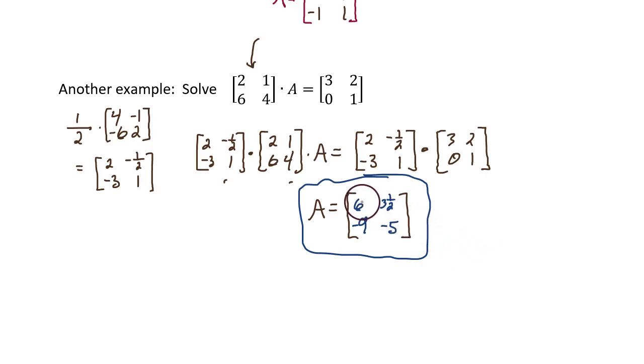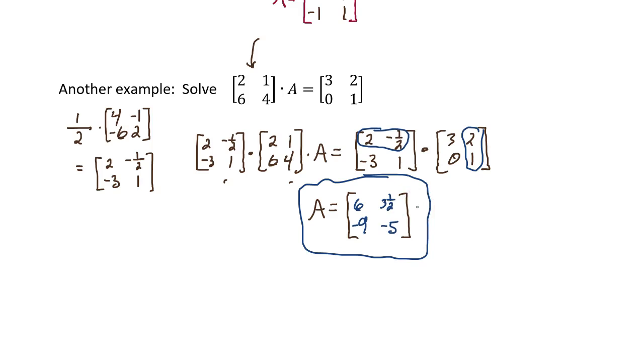For instance, when you want to find the 3.5, you're using the first row and the second column. So on your calculator, you could type 2 times 2 plus -1/2 times 1, and then push enter. And that way you're going to avoid any arithmetic mistakes.